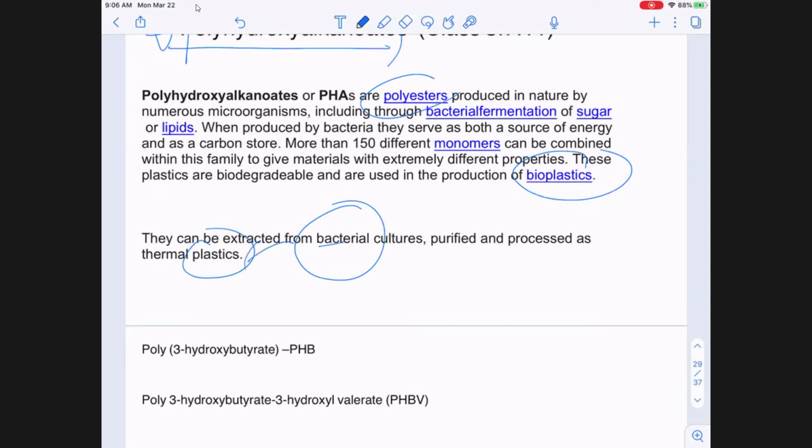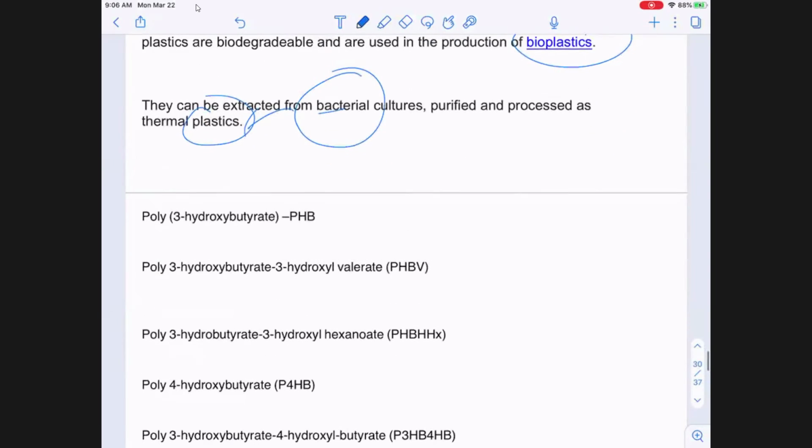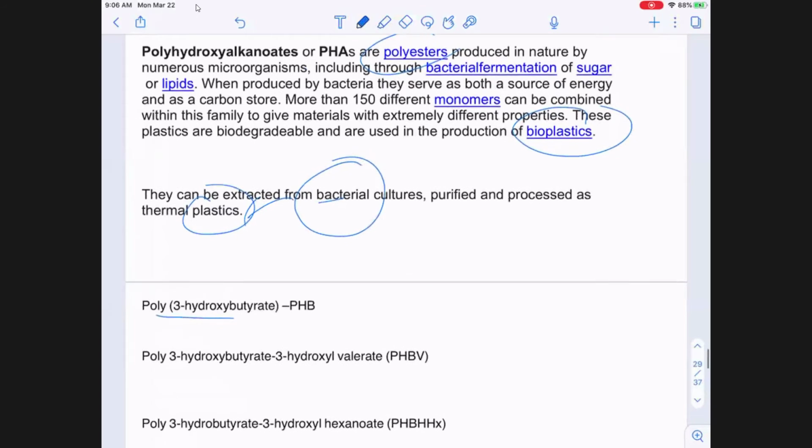That's interesting, huh? Use bacteria to make plastic. In the next lectures, I will show a few examples from our lab using bacteria to make the PHB or PHA polymer.